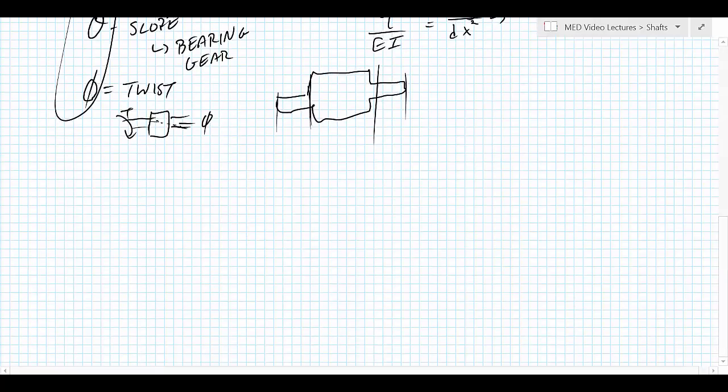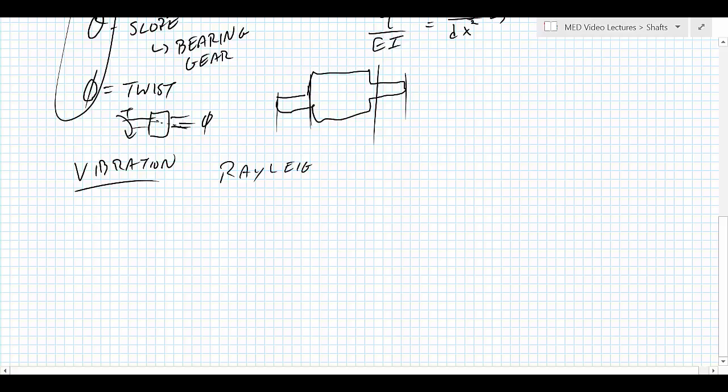Our other concern is in terms of vibration. What's called the Rayleigh-Ritz approximation is what we're going to try to find of the first natural frequency.